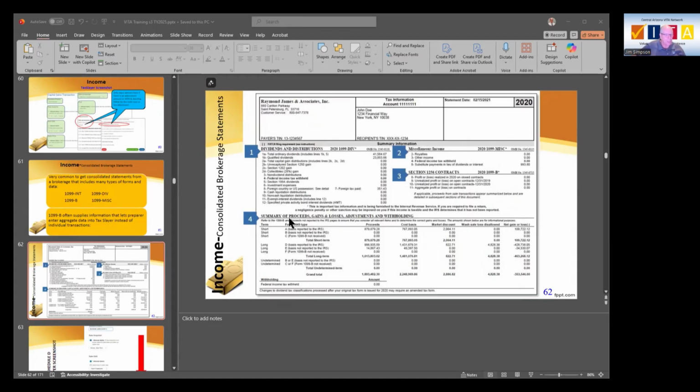But down here, here's a summary of proceeds and gains and adjustments, where these are stock sales. So we could see here it says short-term basis reported to IRS, proceeds, cost basis. We could enter that as one transaction and then enter this one, short-term, where the basis was not reported. Well, these are all zeros, so I wouldn't do that. But anyway, you get the idea.